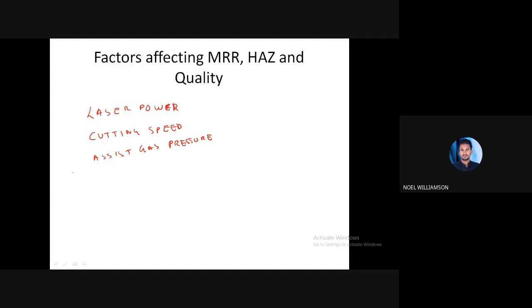So the assist gas pressure, the pressure of that gas, then the focus position, where it is focused. These are the controllable parameters mainly used to alter the quality, MRR, or HAZ. We will see each effect one by one.